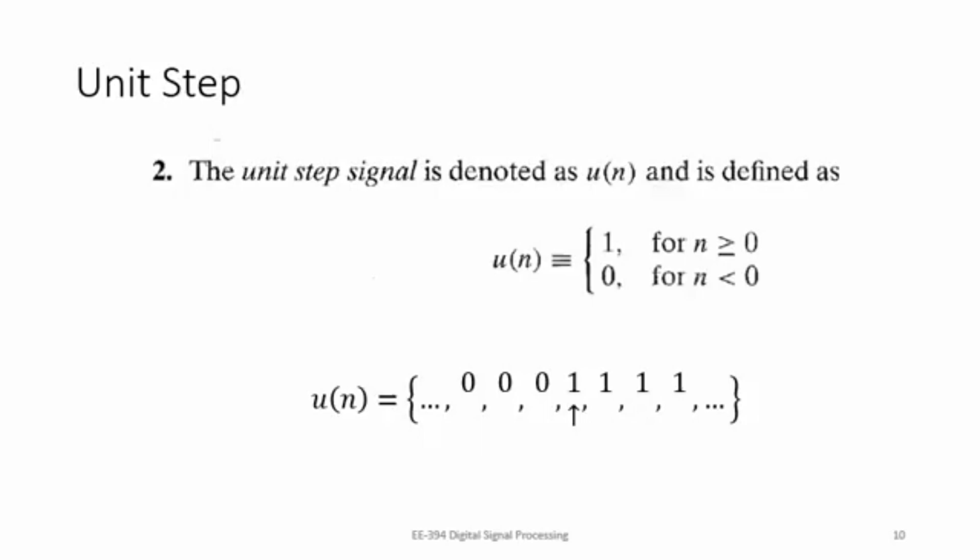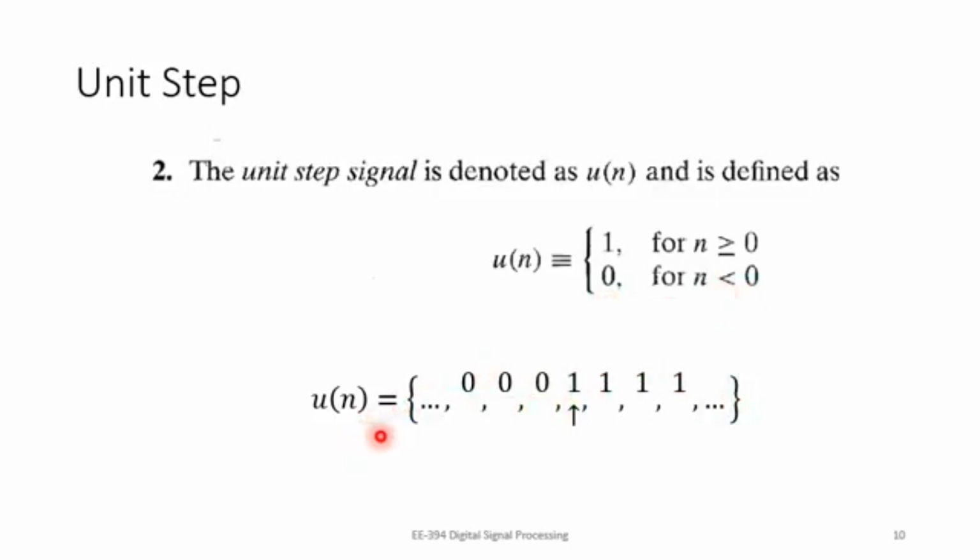Now let's look at the second signal type, which is a step signal, and here we are looking at a unit step signal. A unit step signal is represented as u of n, and is defined as u of n equals 1 for n greater than or equal to 0. So for n equals 0 and all positive values of n, the signal has an amplitude of 1, and for negative values of n, for n less than 0, it is 0.